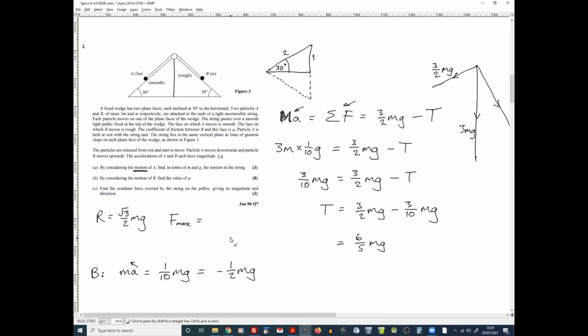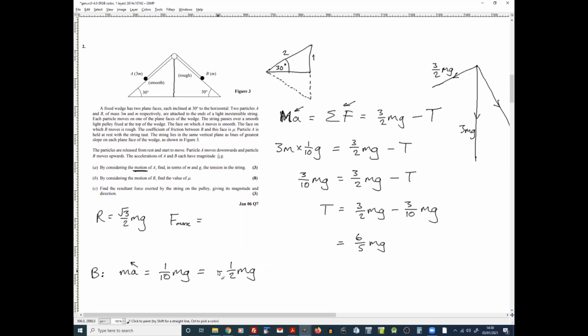Okay, well, we know that 1/10 mg will be equal to a half mg plus friction.